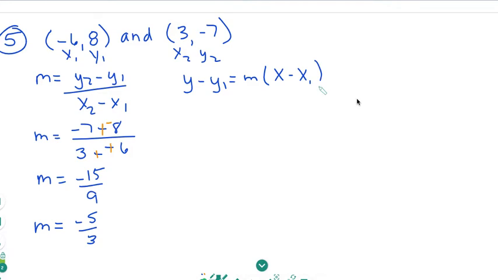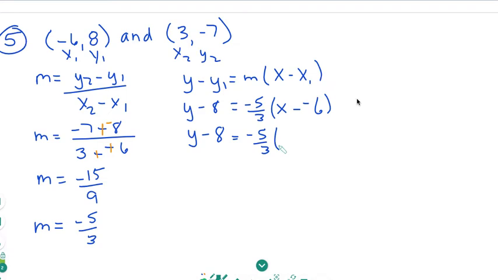And we're going to do y minus 8 is equal to negative 5/3 times x minus negative 6. Y minus 8 is equal to negative 5/3 times x plus 6.